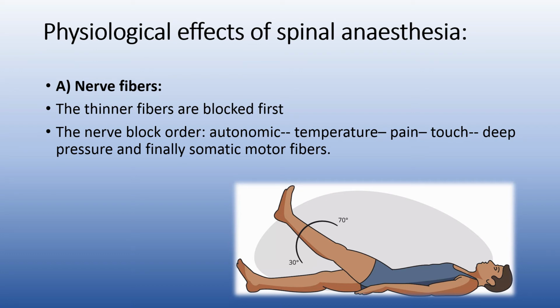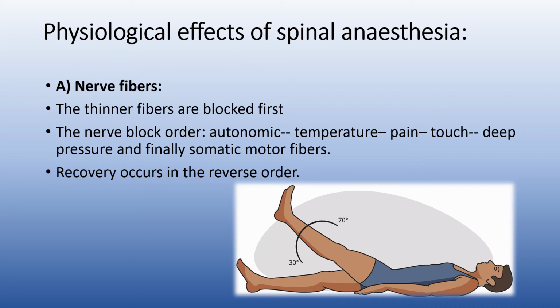This is useful when we test the spinal anesthesia. How? We ask the patient to raise his leg without bending it like this, and if the patient cannot do this, then the motor fibers are blocked, and so we are sure that the pain fibers are blocked as well.